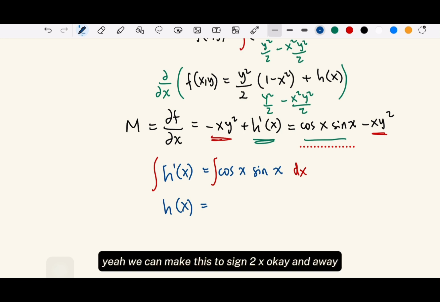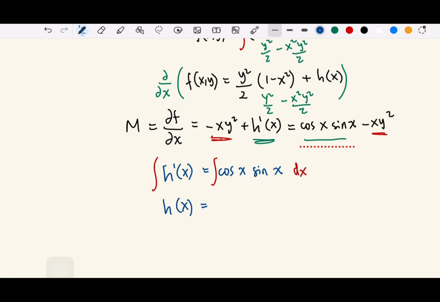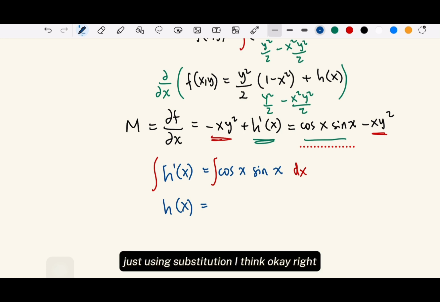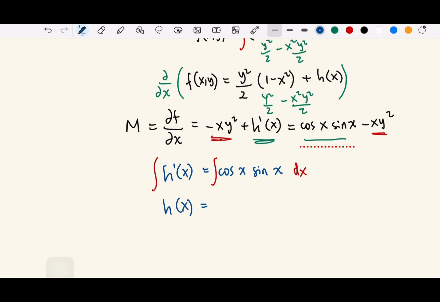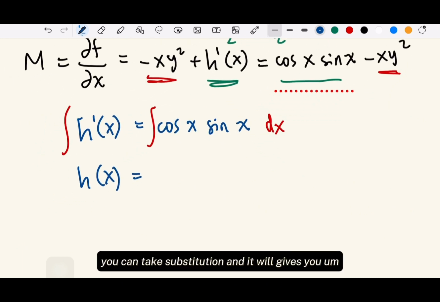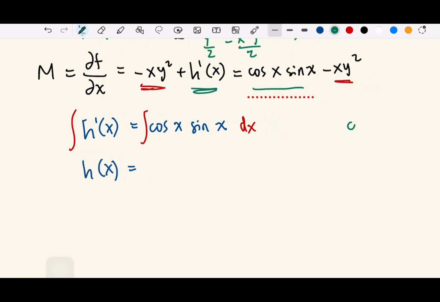Another way, just using substitution, I think is okay. Using substitution is okay. So you can take substitution, and it will give you, let's say we have cosine squared x.